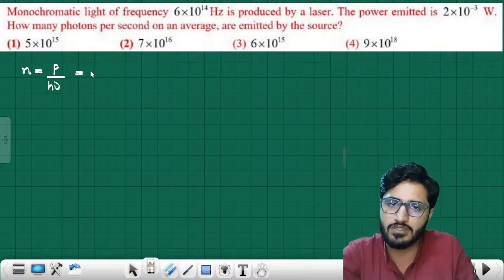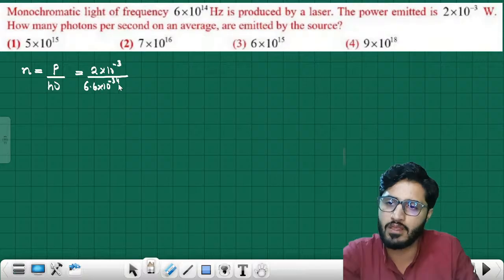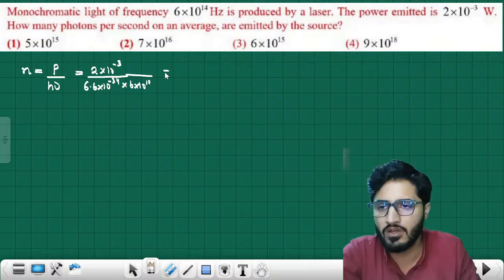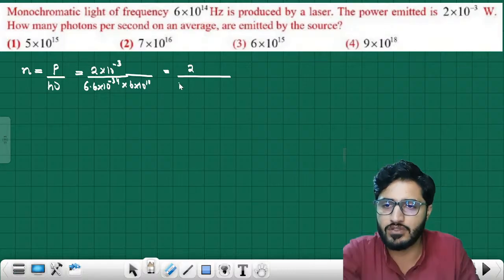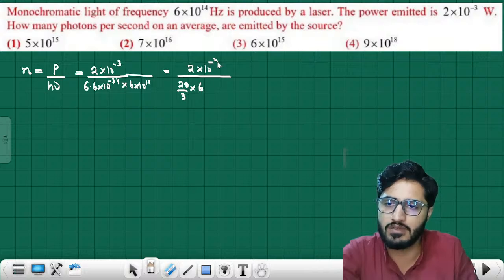So we have one more formula: n equals power divided by h times nu. Power is 2 into 10 to the power minus 3, divided by h. H is 6.6 into 10 to the power minus 34, and frequency is 6 into 10 to the power 14 hertz. Done? So I will write 6 divided by 6.6 is 10 by 11, multiplied by 10 to the power minus 3 minus 14 plus 34.